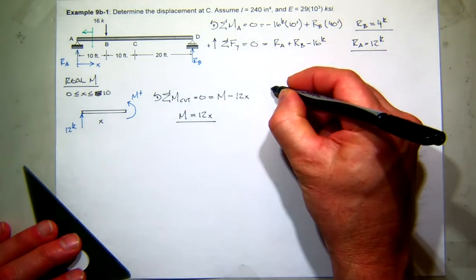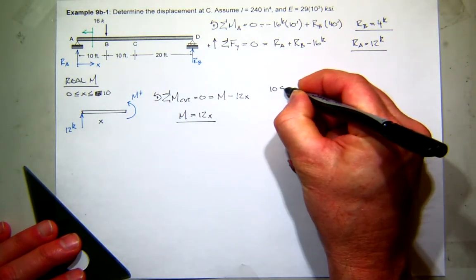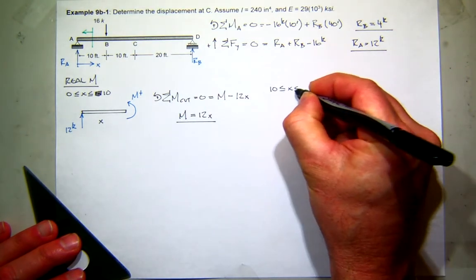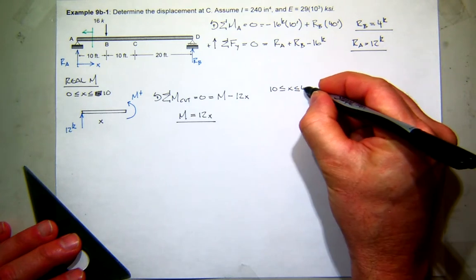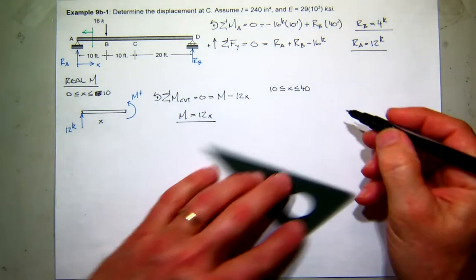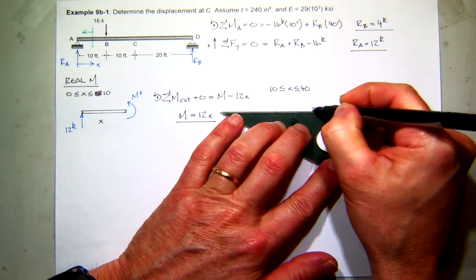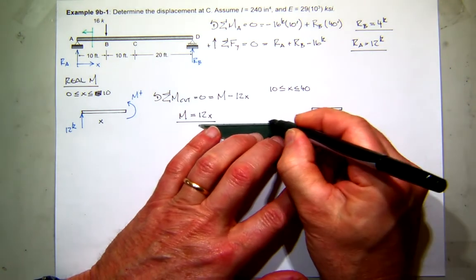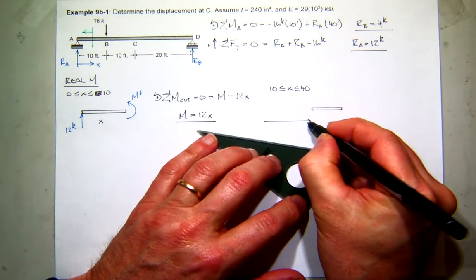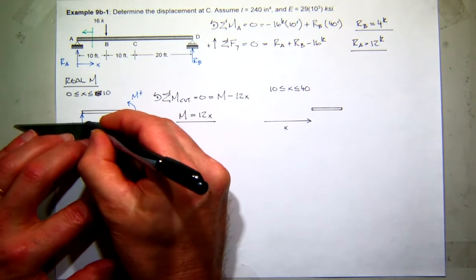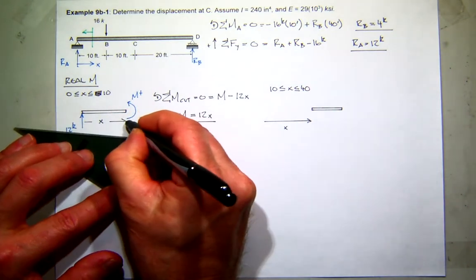So the next one would be from 10 to 40. In that case, I'm going to cut and look at the right section. So the distance up to the cut would be x. I'm always measuring to the right, so that was x.